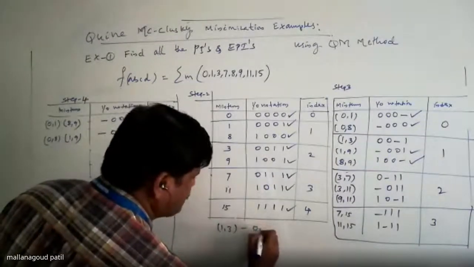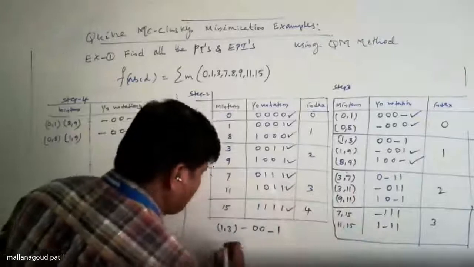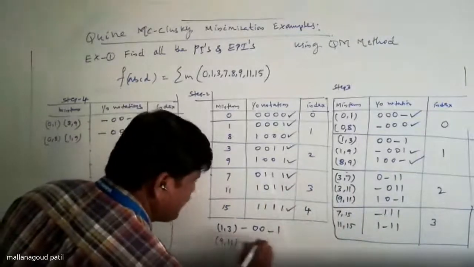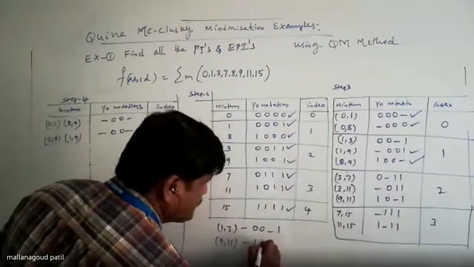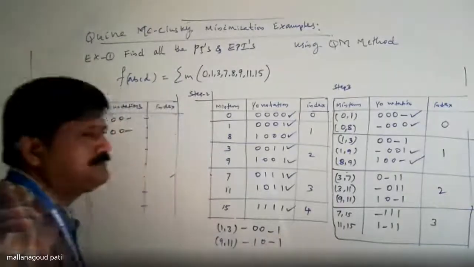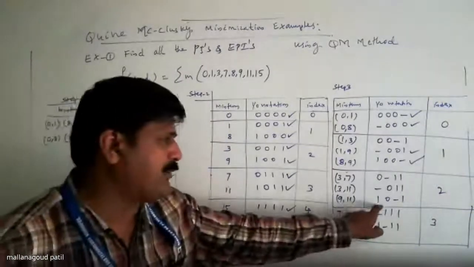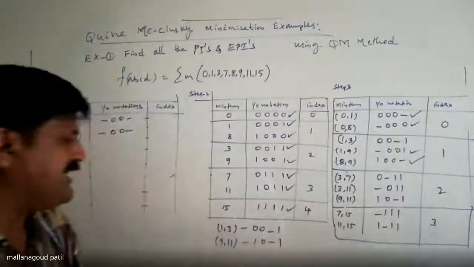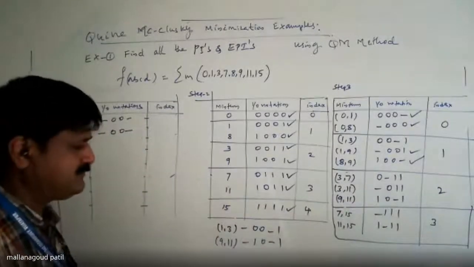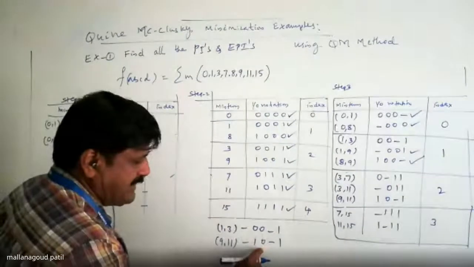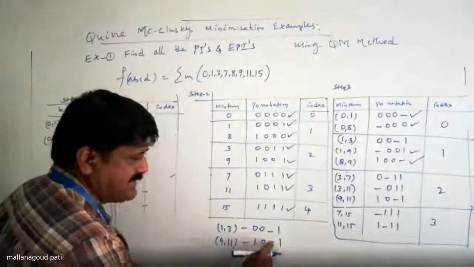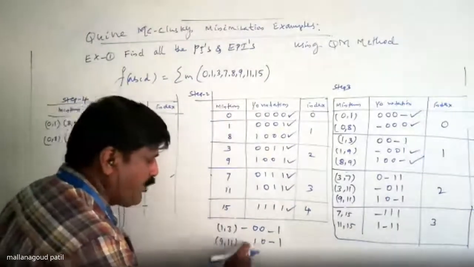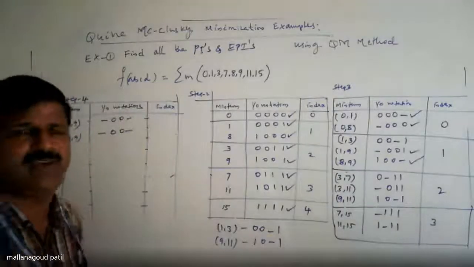representation will be 0, 0, dash 1. Comparing with 9, 11 in index 2, that is 1, 0, dash 1. Are these two logically adjacent? Yes, because the second bit is same 0, 0, third bit is same dash, fourth bit is same 1, 1, but only one bit, which is the first bit, differs 0 and 1.